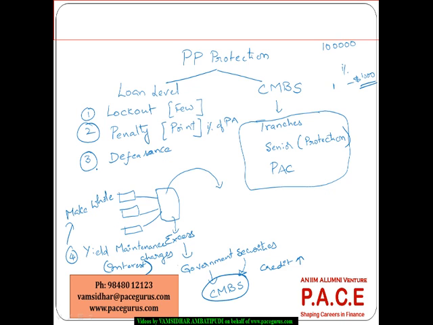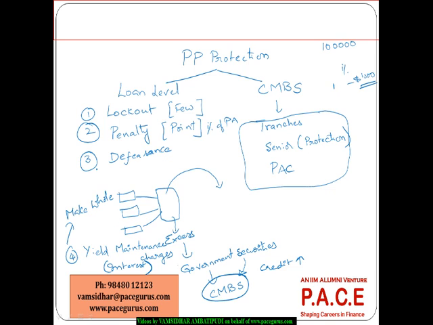That's a simple way. Instead of saying 1% penalty, 2% penalty, if I'm bringing in yield maintenance charges, the intention is to avoid people from doing the prepayment just to take the advantage of the falling interest rates and get the loan reissued at a lesser price.